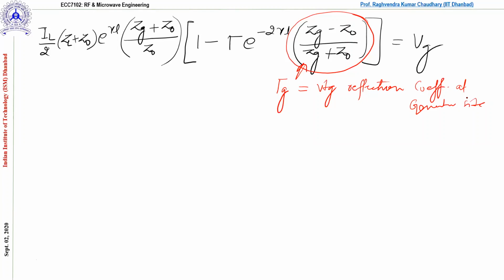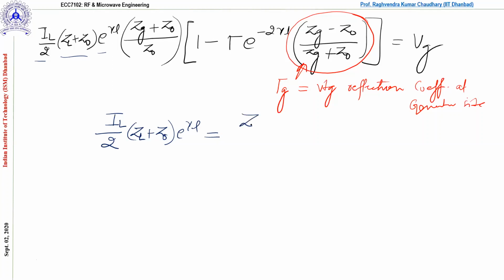And if you replace here and rearrange, you can rewrite this equation as IL by 2 (ZL plus Z naught) e to the power gamma L. We keep these terms here, and the rest of the things we take to the right hand side.